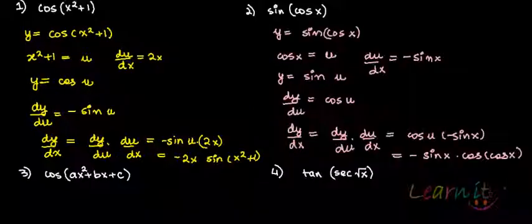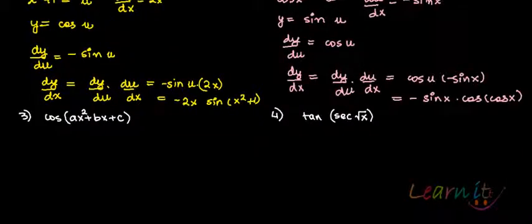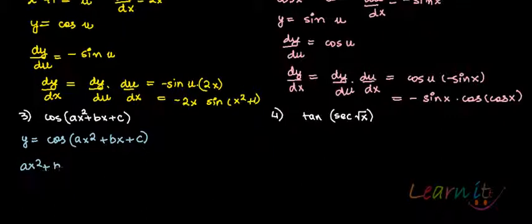Okay, now then you have the other function, which is y equals cos of ax square plus bx plus c. So supposedly ax square plus bx plus c is equal to u.